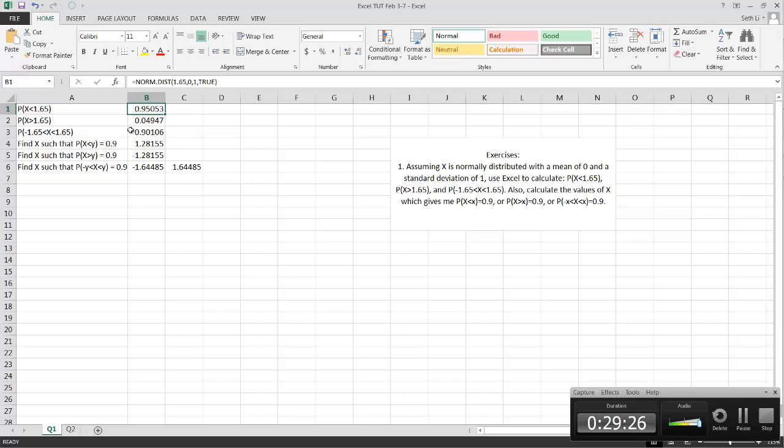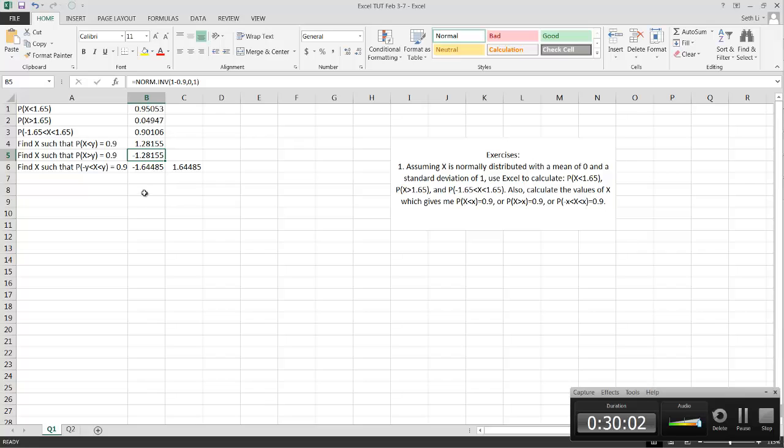So it works great for when you're finding x is less than 1.65, but since it only gives you the left-hand side, to get when x is greater than 1.65, you have to flip it around, hence the 1 minus 1.65, or the inverse of it. Similarly, when we're looking for the y value given the probability, the inverse only ever tells you the left-hand side. So when we're looking for when x is greater than y, we have to flip that around.